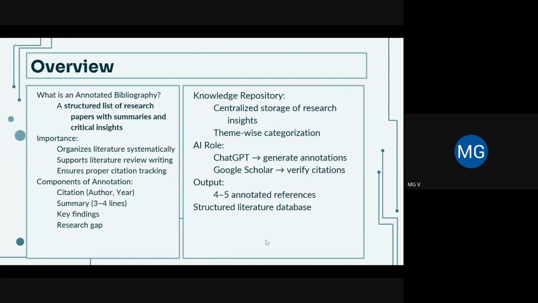This structured approach significantly improves efficiency in writing literature reviews and ensuring alignment with Cooper standards. By maintaining an annotated bibliography, you can create a reusable academic resource that supports multiple research projects and enhances overall research quality.